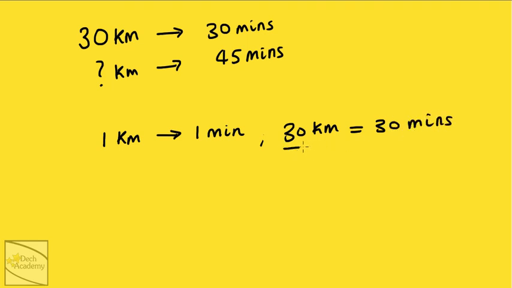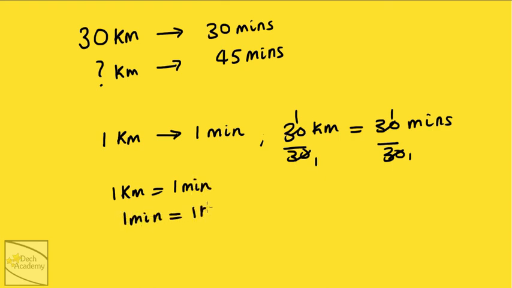So I'm going to divide both sides by 30 so I can have what 1 kilometer is in minutes. 30 here, 1, 30 here, 1. So we know that the car moves 1 kilometer in 1 minute. So in 1 minute, it covers 1 kilometer.